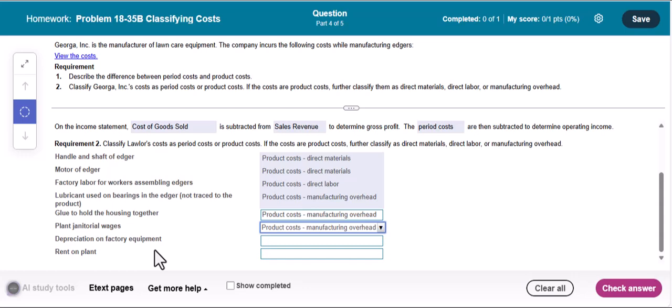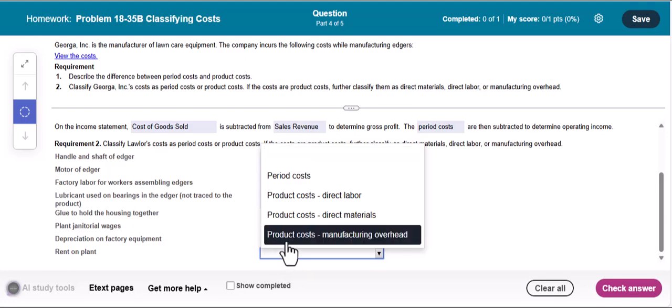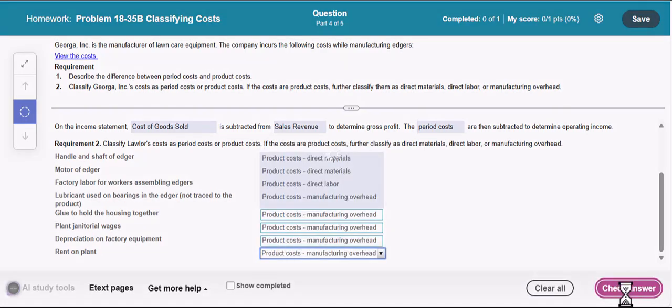So it's not direct materials or direct labor, so it has to be manufacturing overhead. Because we do not trace this depreciation specifically to one edger or the other. And then lastly, we have rent on plant and not rent on the office. This is the plant where the product is made. This is a product cost, and it is manufacturing overhead because it is not specifically traced to one edger or the other. So let's go ahead and input manufacturing overhead and check our answer.